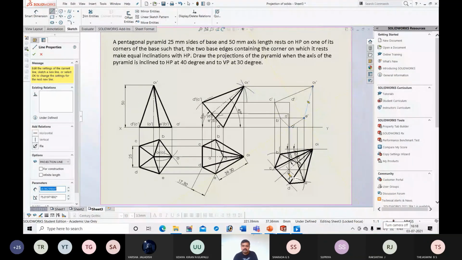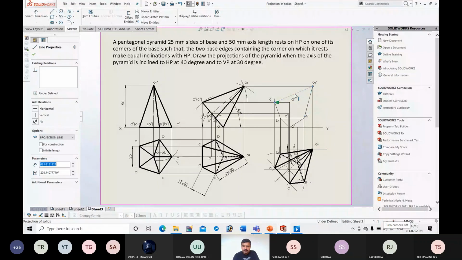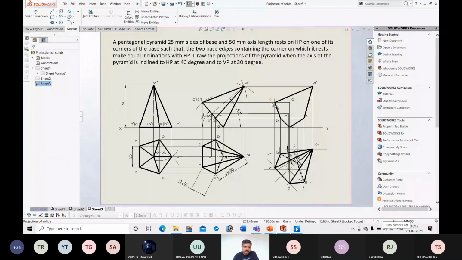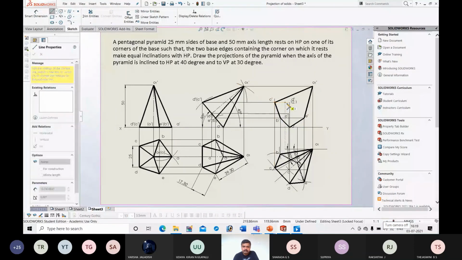So I will first make this thick. Next, I will connect remaining base edges. That means C dash to D dash, D dash to E dash.